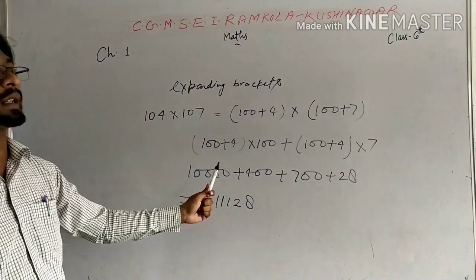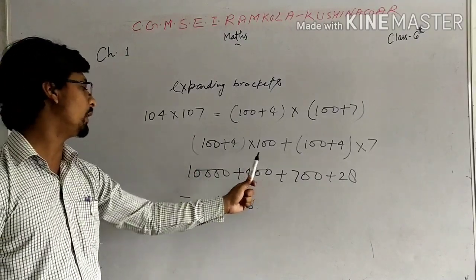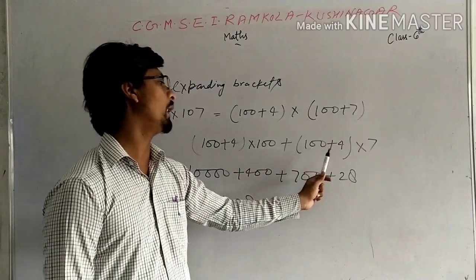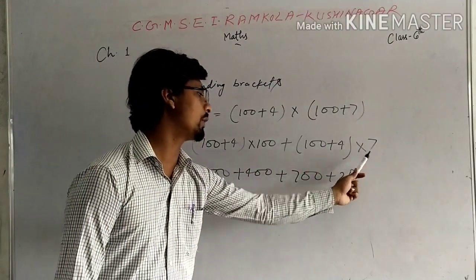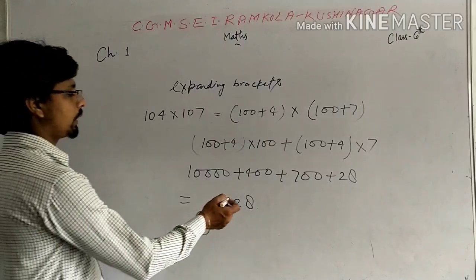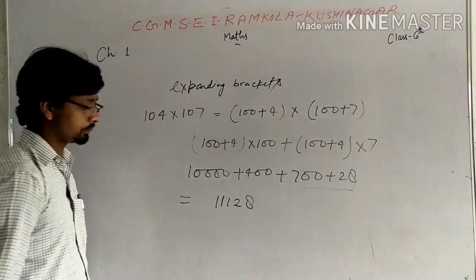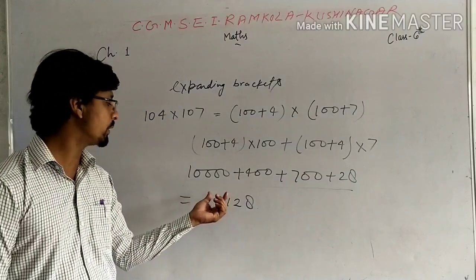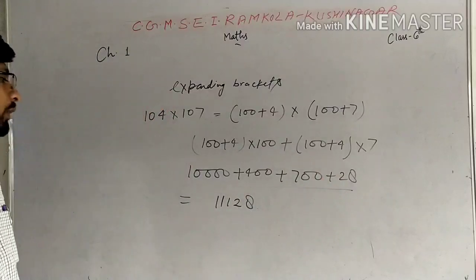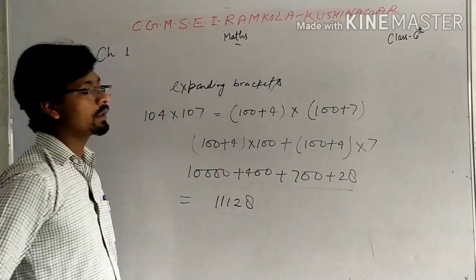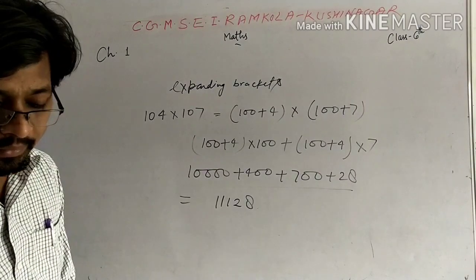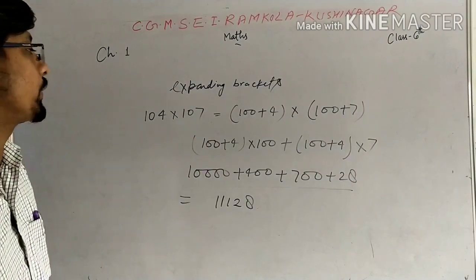Now multiply: 100 into 100 is 10,000, 100 into 4 is 400, 100 into 7 is 700, 4 into 7 is equal to 28. Now you have to add them: 10,000 plus 400 plus 700 plus 28, and your answer is 11,128.